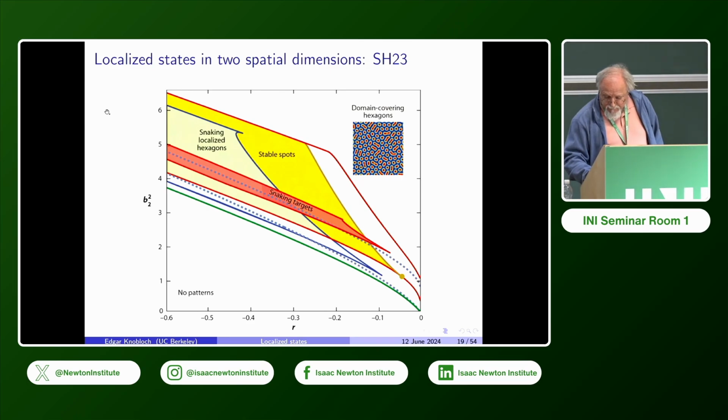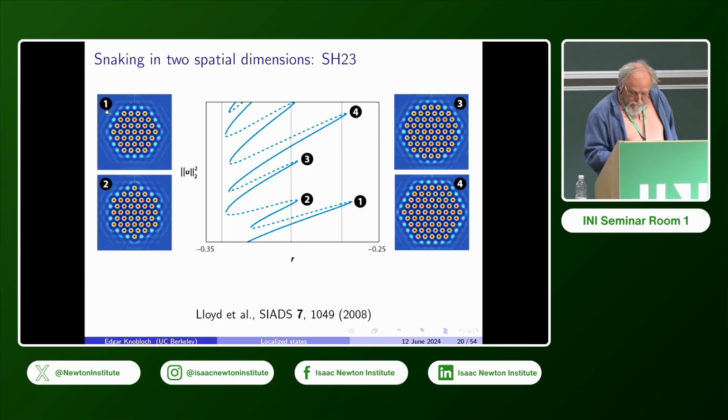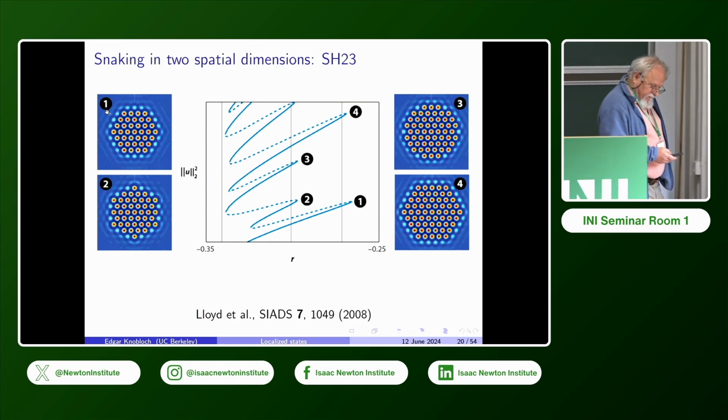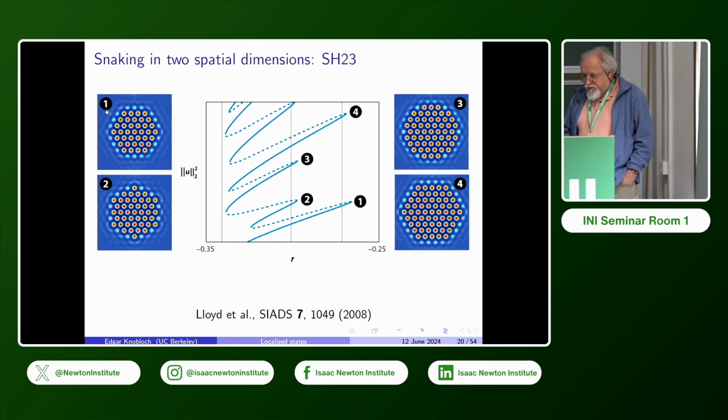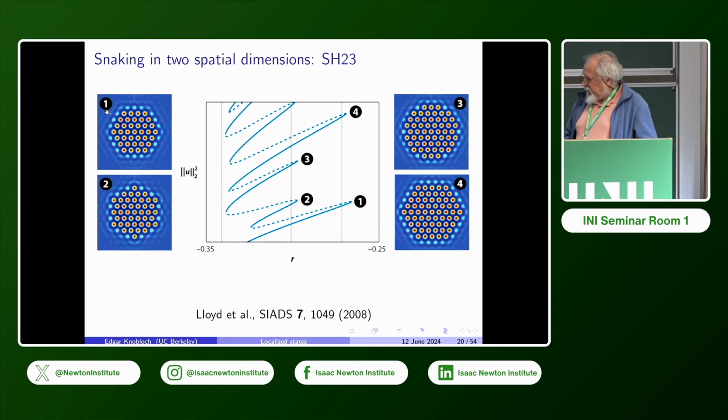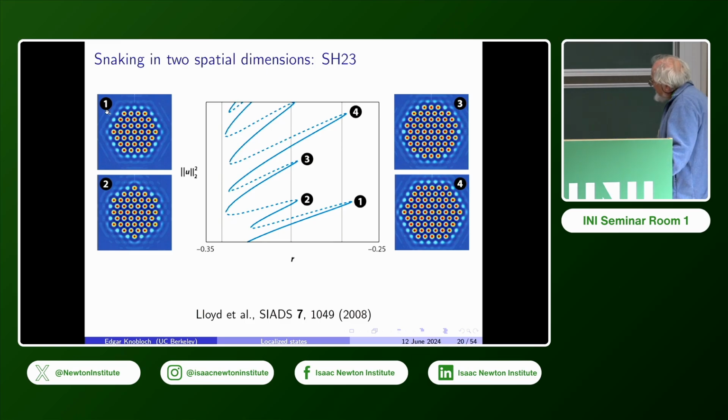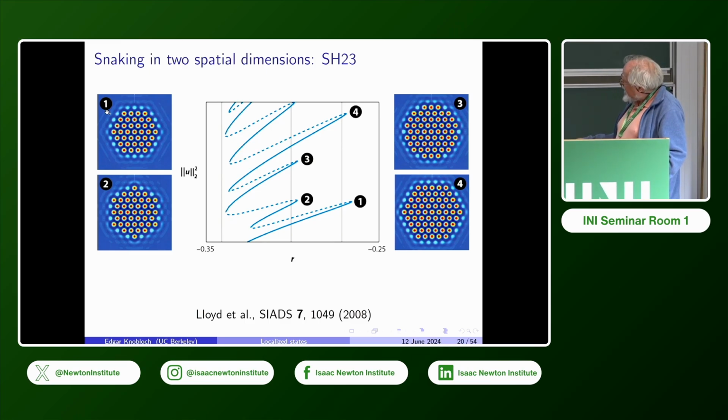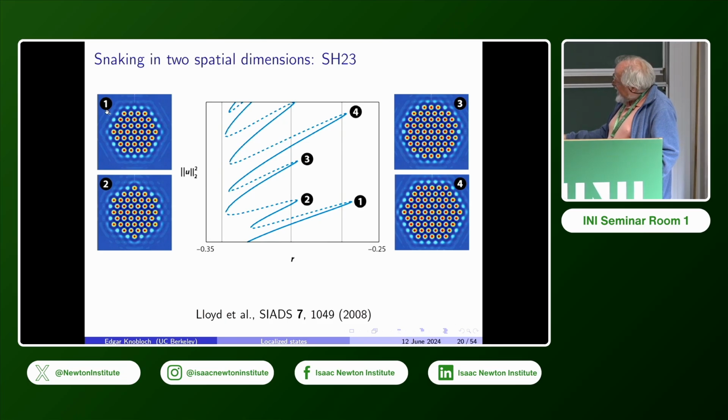I just want to spend a minute telling you about how these structures evolve as you follow a branch of steady solutions. For example, here for hexagons. So if I'm here at location 1, you see a nice hexagonal patch.